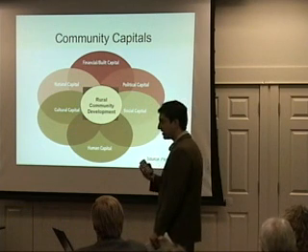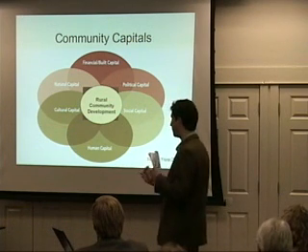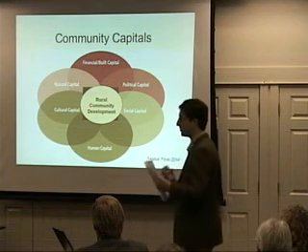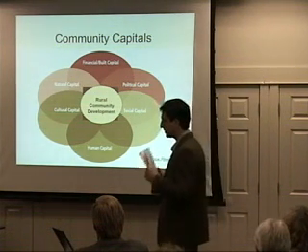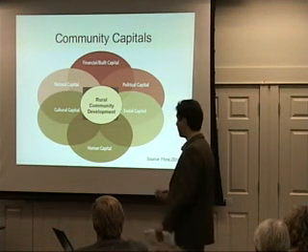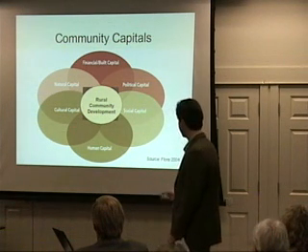Social capital is the relationships, the networks, the ability for people to get things done, to come to consensus together. Political capital is the ability to mobilize power on behalf of hopefully shared aims.